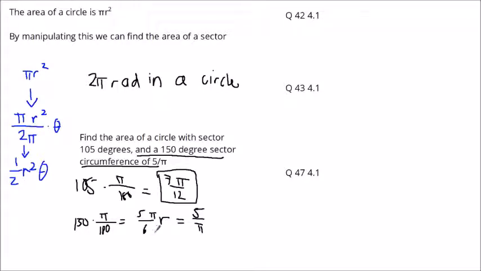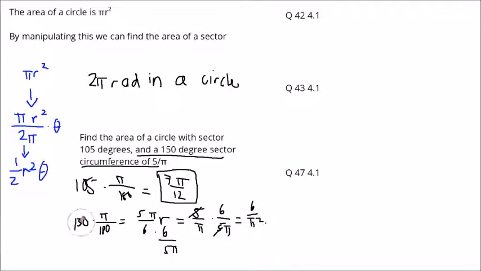So if you multiply by 6 over 5 pi on both sides, we have a pretty nasty canceling. So you erase 5 on both sides, you'll have 6 over pi squared, and that's your radius right there, 6 over pi squared.